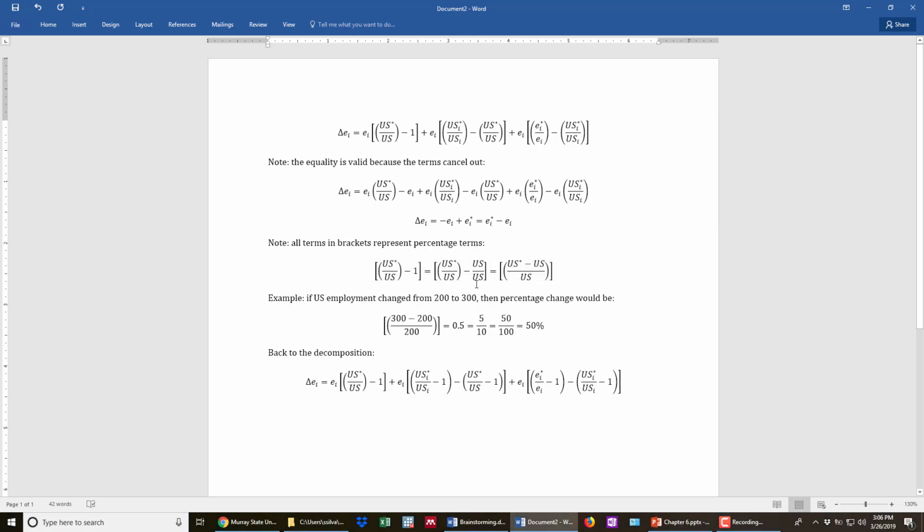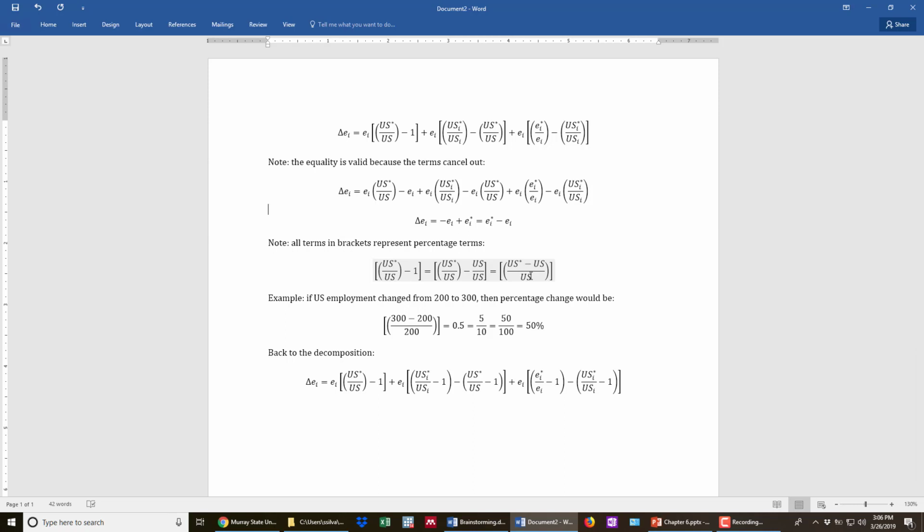Why can I do that? Because one divided by the other is going to be 1 anyway, so I'm not changing anything. But then now using algebra, I can put these two in the same denominator. So that is US level of employment in the end of the period minus in the beginning, divided by in the beginning. That is the definition of a percentage change.